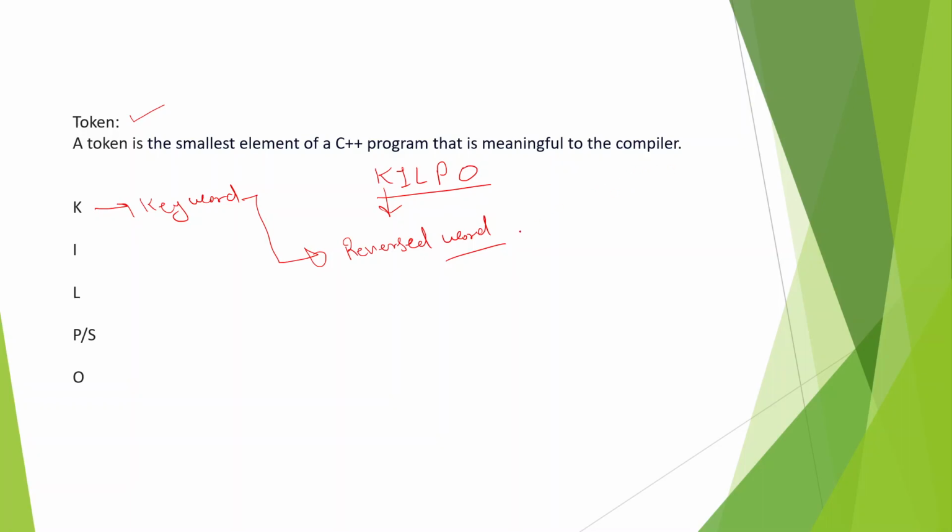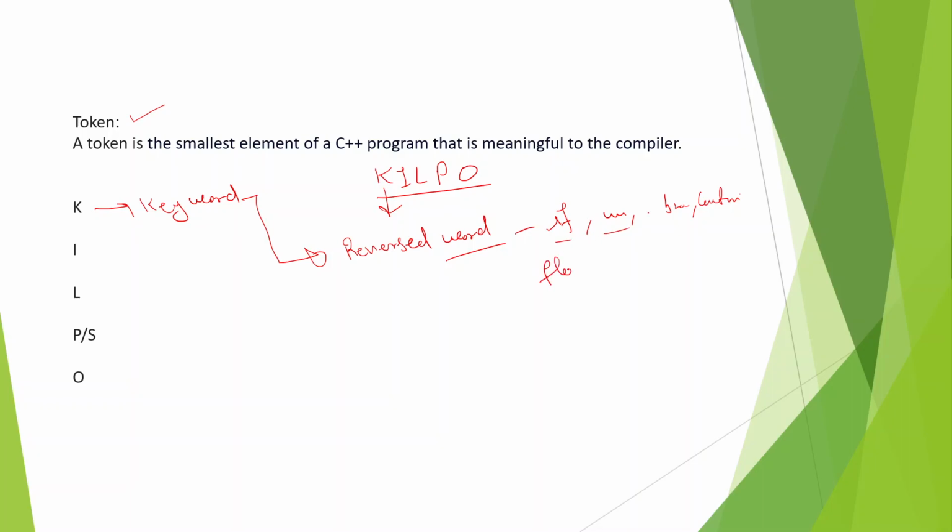Like if, while, do, break, continue. Both C and C++ have some different keywords, but C has 32 keywords and C++ has more than 100.